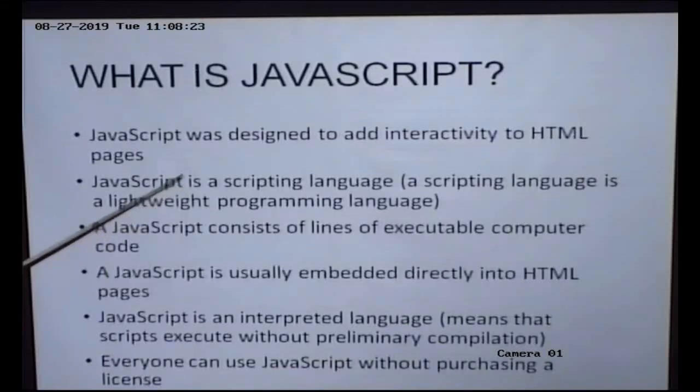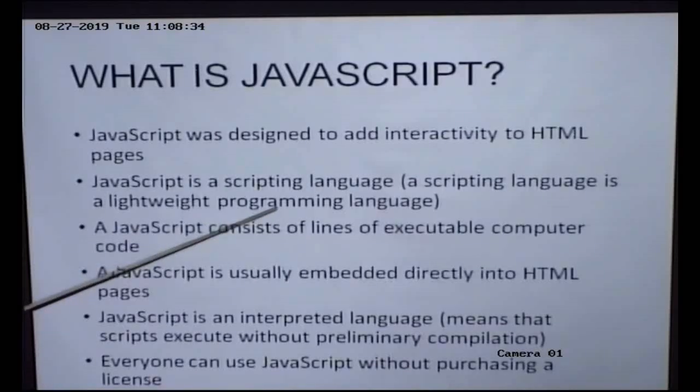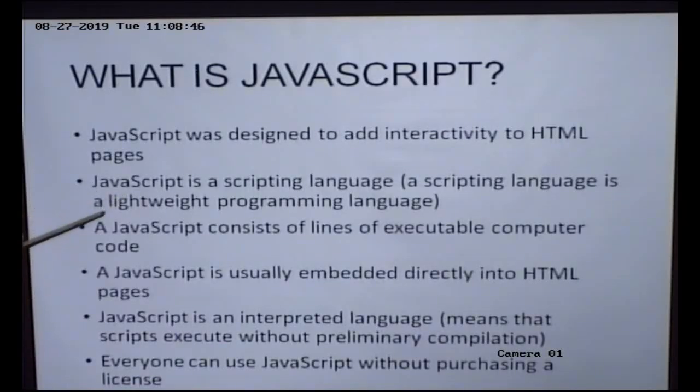If you take the difference between a normal programming language and a scripting language, a scripting language is a lightweight programming language. It is used inside the HTML code, or you can create a separate script file and write the script inside that file.